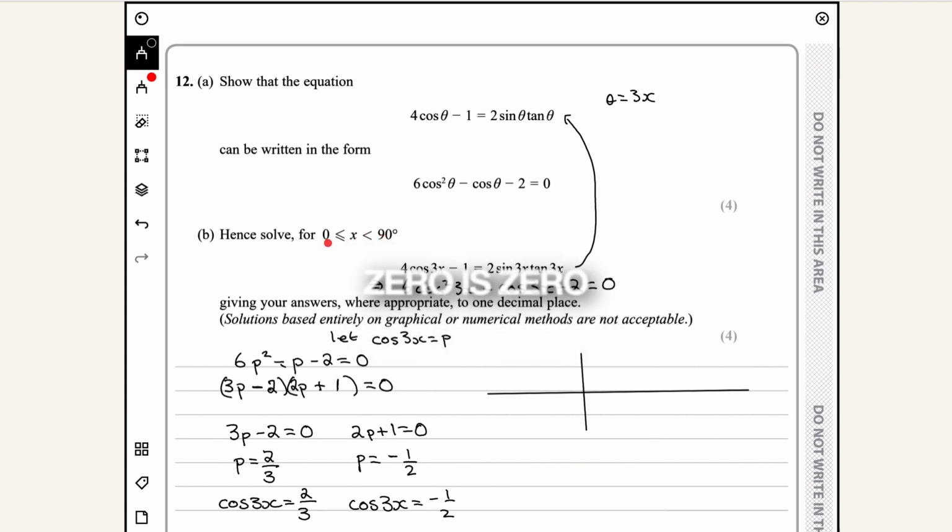So 3 times 0 obviously is 0, 3 times 90 is 270. So let's just draw a sketch of a cos graph here. My cos graph will have 90 here, 180 here, and 270 here. And that's where it's going to go up to, because 3 times 90 is 270.